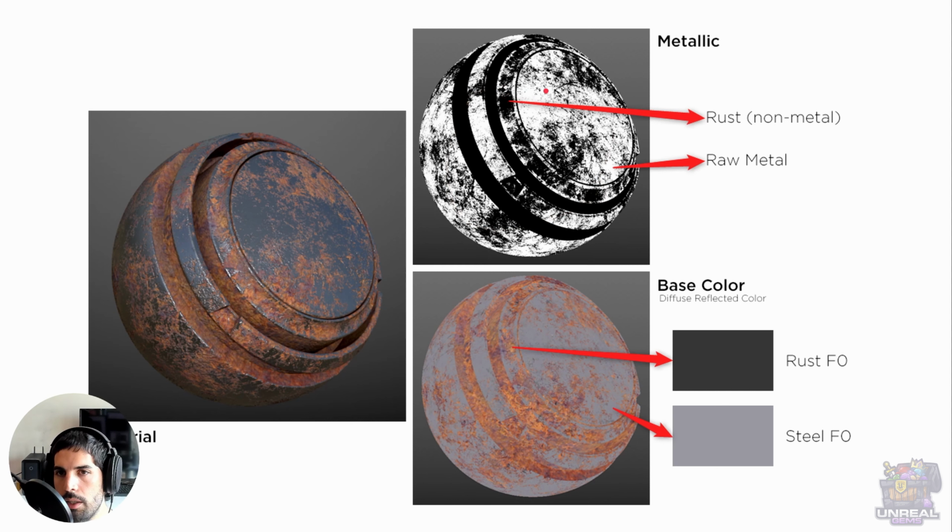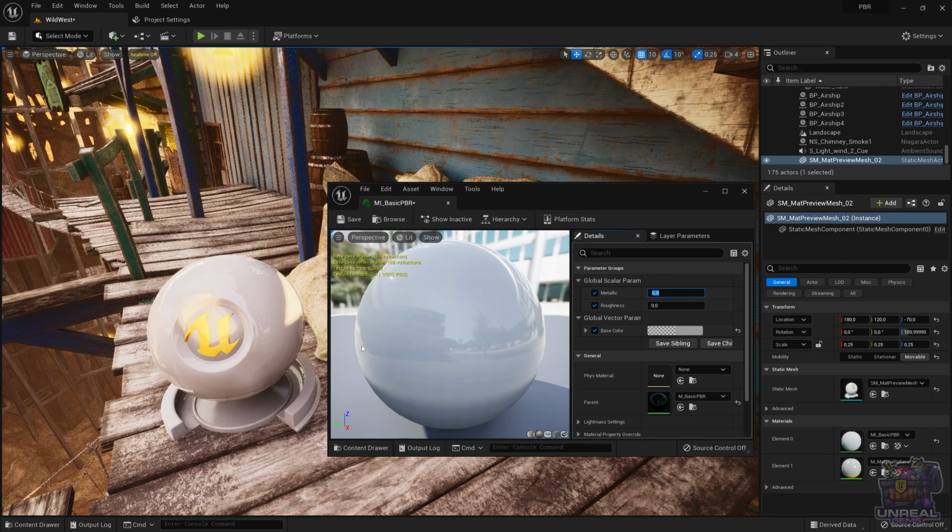Remember, they are not metal, and non-rusted, so metal, which are 1 in the metalness value. Again, in the base color, you would have the proper colors for the different parts of the metal. So let's not get into that, but just remember that in the metalness map, you will have where there is metal and where there is not. You could also have transitional values, but the most usual thing is just having metalness of 1 or metalness of 0.